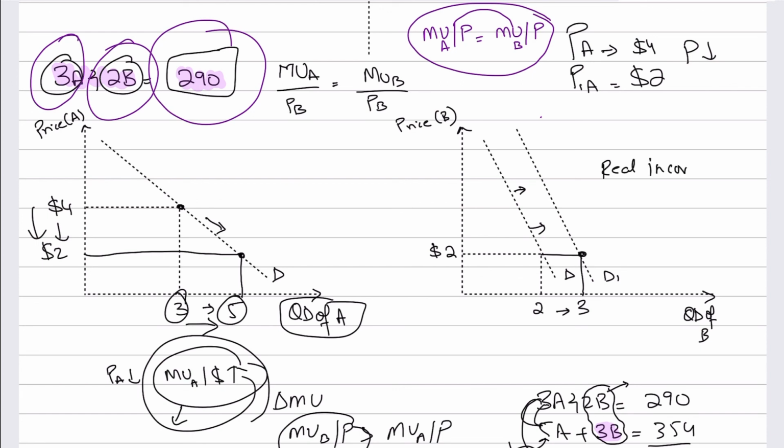And why have the real incomes increased? The real income for the consumer goes up because of a fall in the price of one particular good. So when the price of a particular good goes down, that increases his buying power or purchasing power, right? So yeah, that's about it.